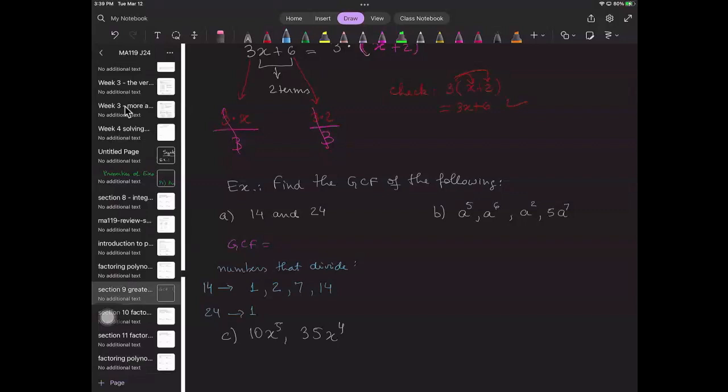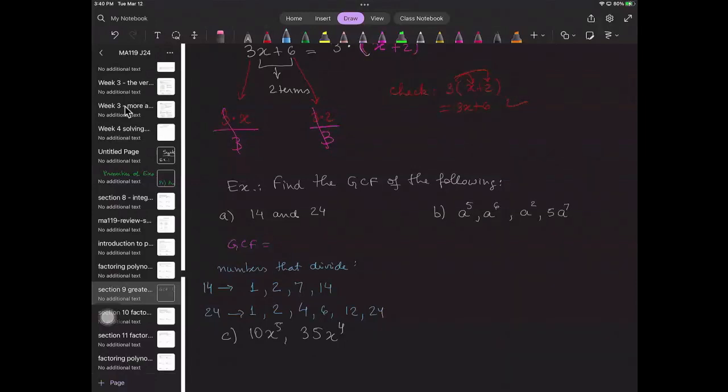So 1 divides 24, 2 divides 24, 3 divides, 4, hold on, let me erase this. 4 divides 24, 6 divides 24, 12 divides 24, and I believe the next one has to be 24. Okay, so all these numbers divide 24.